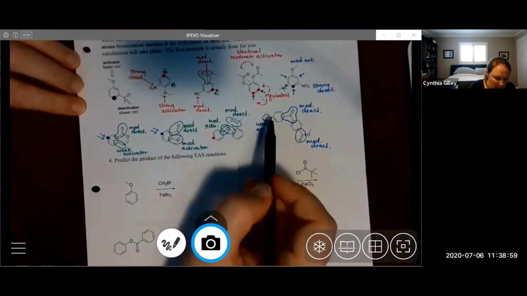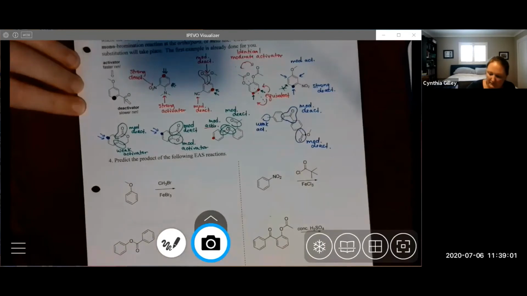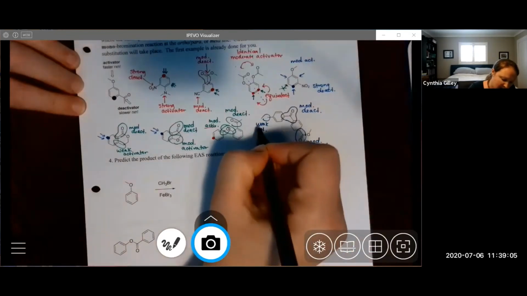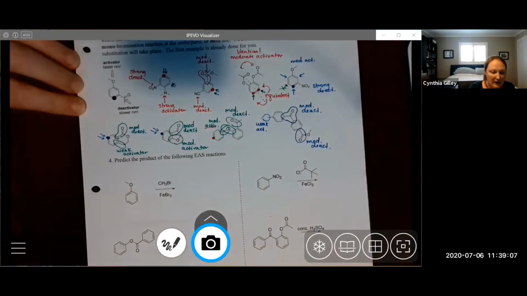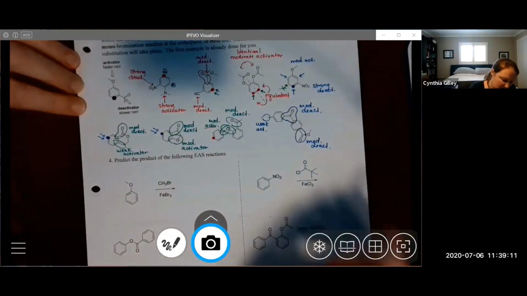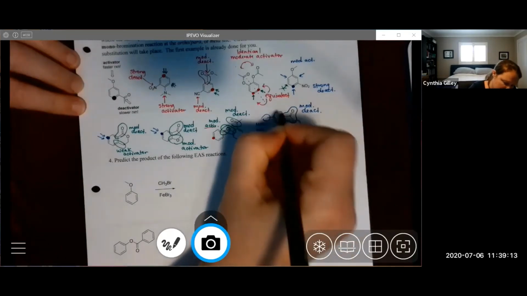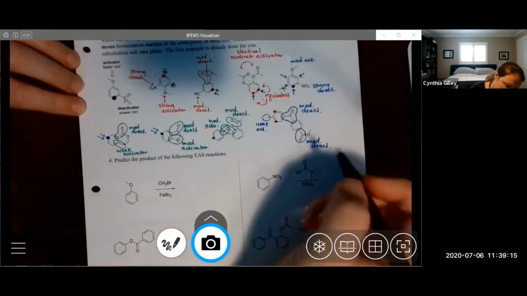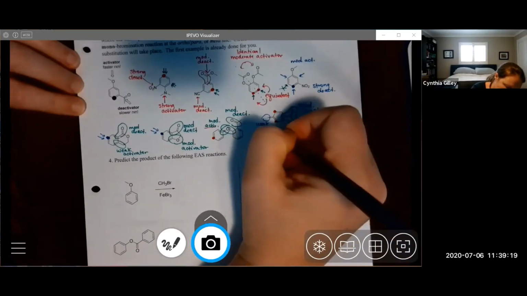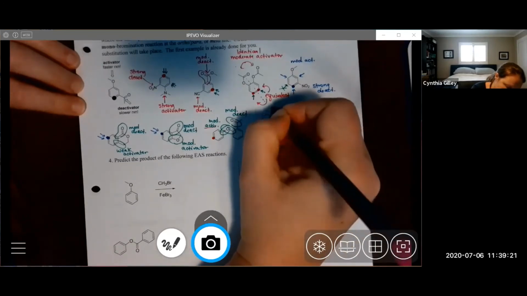This is going to be more activated overall. Okay. And then note that a weak activator would go ortho-para. Para is now blocked here already. So we have to go ortho. And these two positions, again, are equal. It doesn't matter where you place it, one of those two.